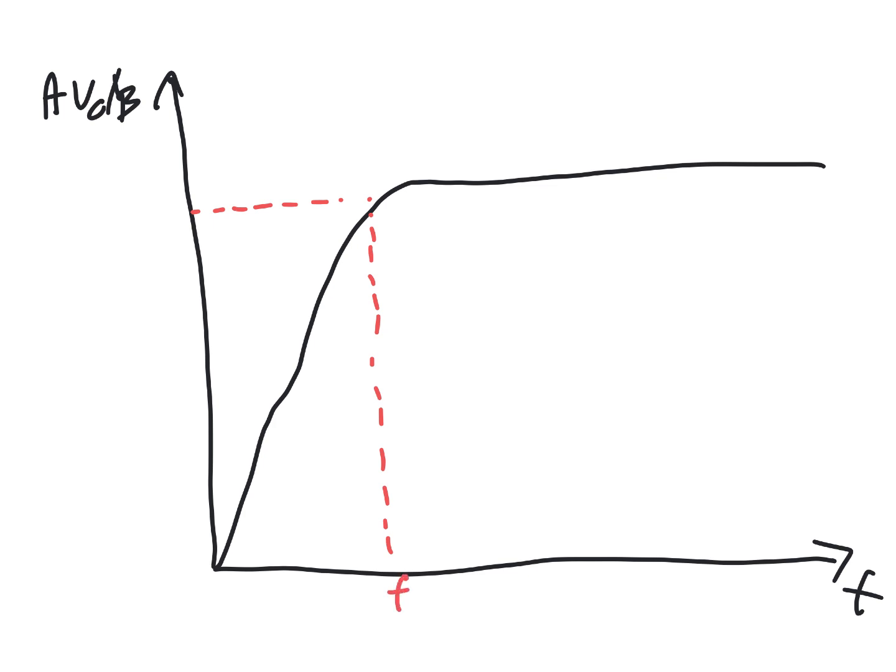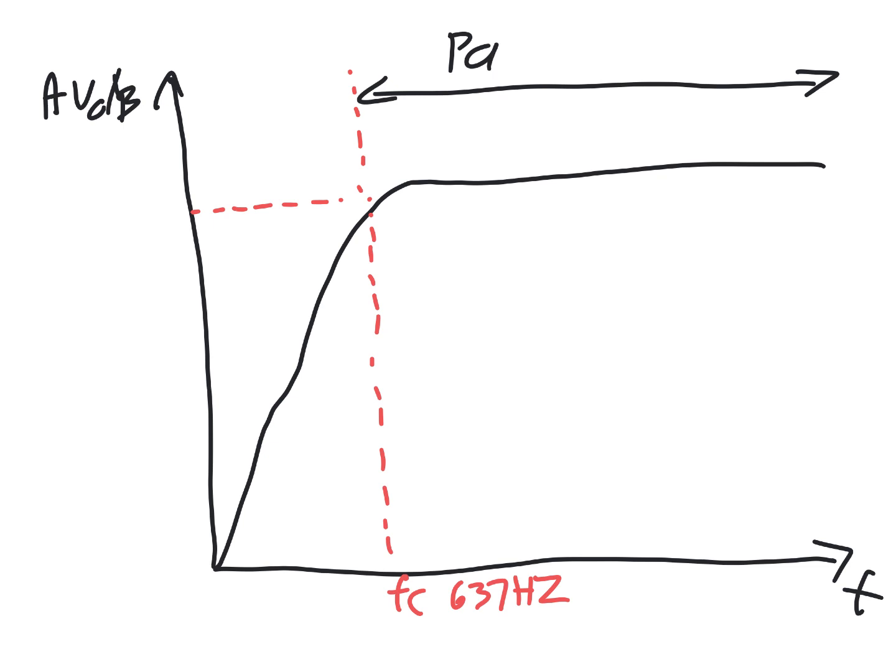Okay, so this was FC, which was 637 hertz. Okay, so this is the pass band. So this is the output voltage in the pass band, which is 5.5 volts.